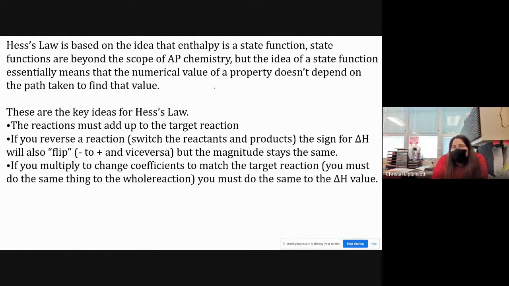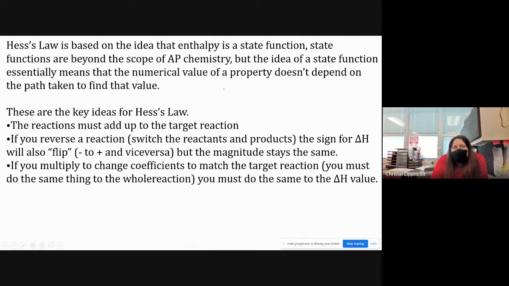If we're going from Janesville to Madison, I could take I-90, I could take Highway 14. I'm still going to get there. It doesn't matter which route I take, I'm still in Madison. That's the idea of a state function. It doesn't matter how you get there. If you take two steps or one big one, you're still going to be in Madison.